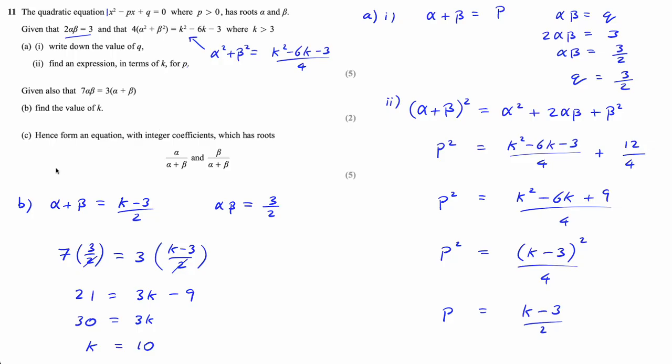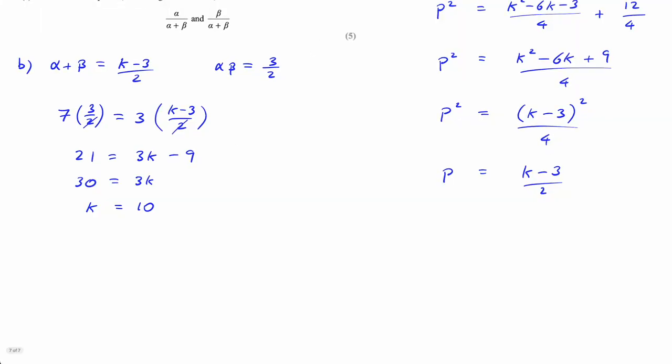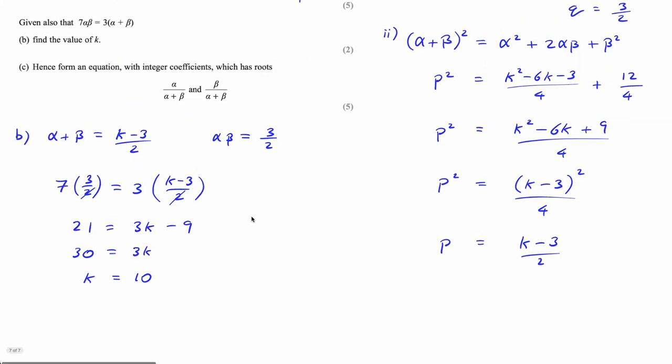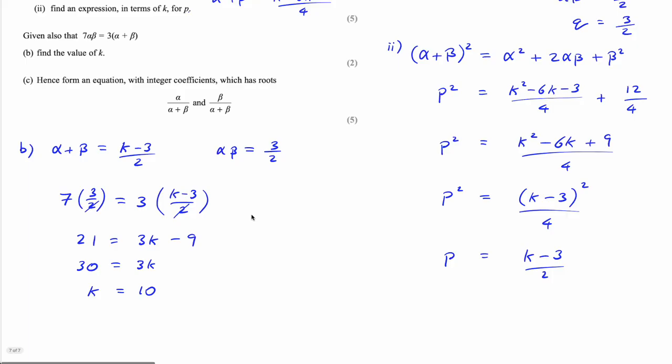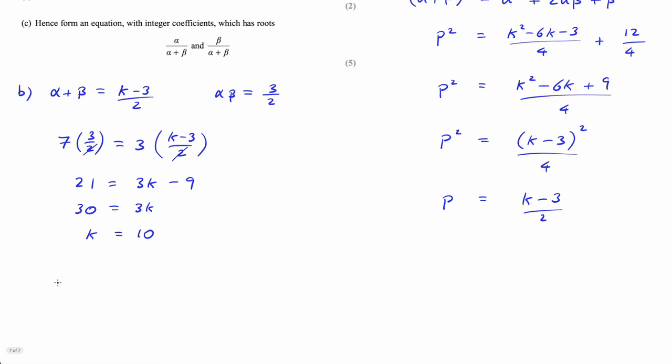Part C, hence form an equation with integer coefficients which has roots of this. Okay, I'm going to just go down here, guys. So these are the roots. I'm now going to get the sum of these roots and the product of these roots.